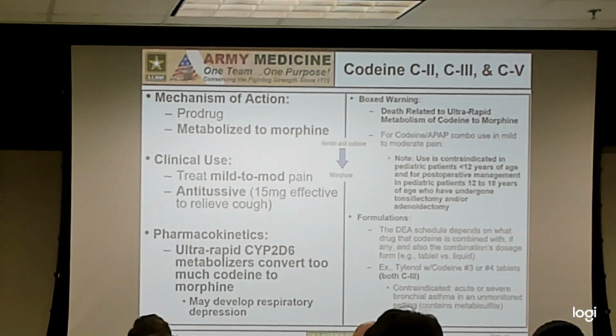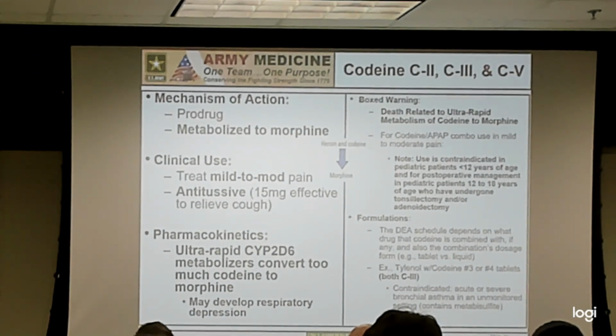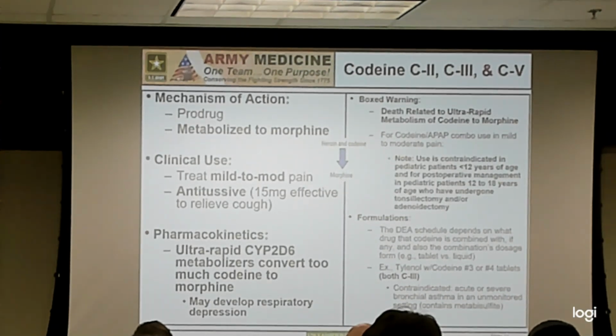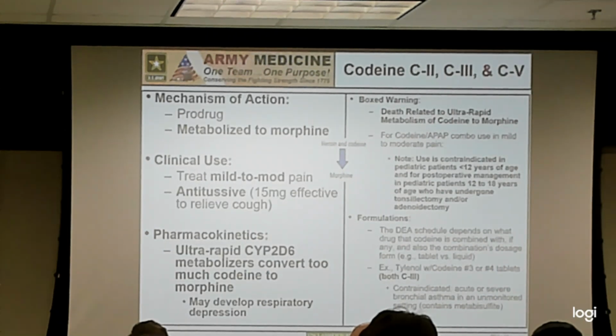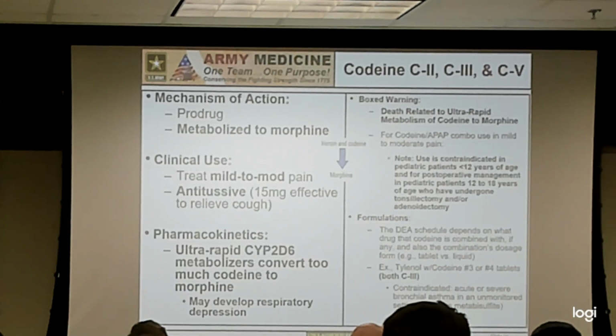This is another case where a mom was taking this. She was a rapid metabolizer, and I believe the baby was also a rapid metabolizer. So the little bit that was passing into the baby's system ended up making the baby overdose, and the baby passed away. When they did the autopsy, they found out that the baby was also an ultra rapid metabolizer as well.